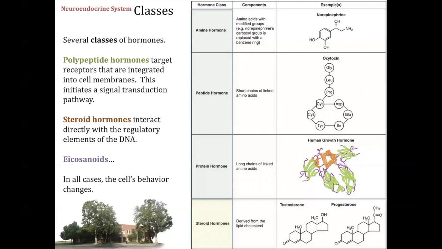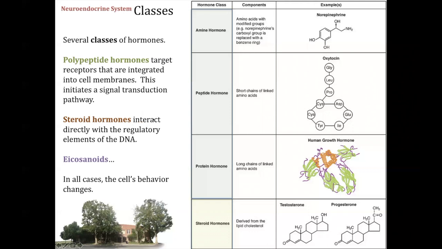They don't behave the way steroid hormones do. Prostaglandins, leukotrienes, thromboxane: these different eicosanoids have cell surface receptors just like the polypeptide hormones do. The only ones that leap through that bead door are the steroid hormones.